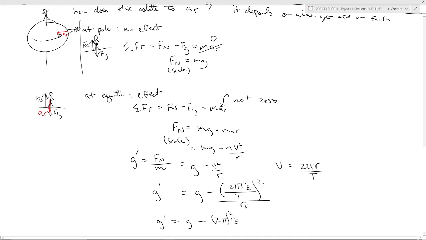So T would be squared, but we would have just one factor of the radius of the Earth.